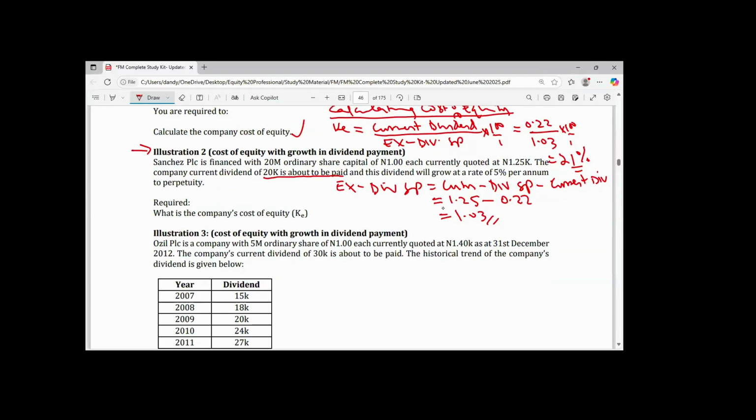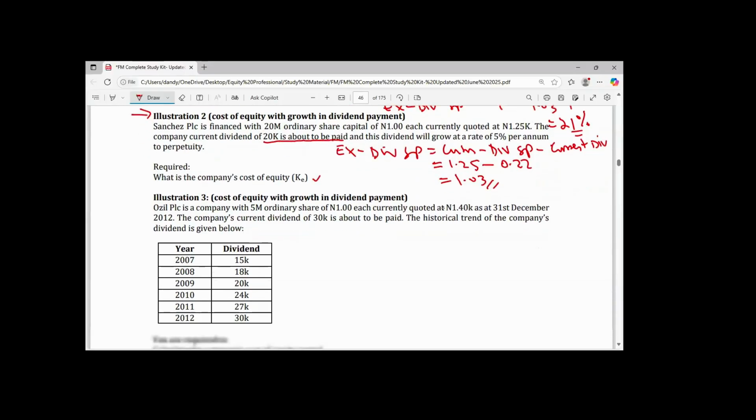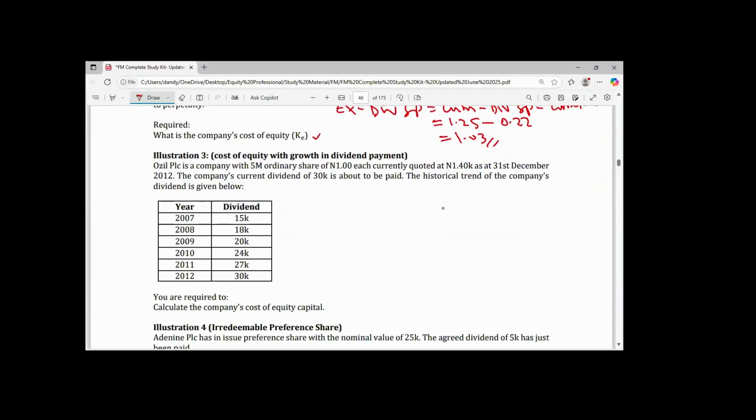That means that dividend is still outstanding, and in that case this share price of ₦1.25 is cum-div because dividend has not been paid. And this dividend will grow at a rate of 5% per annum to perpetuity. Therefore, calculate the company's cost of equity capital. So we want to calculate cost of equity.